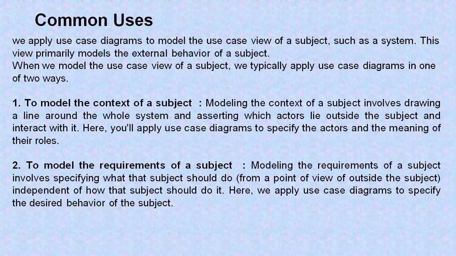Here, we apply the use case diagrams to specify the desired behavior of the subject. In this manner, a use case diagram lets us view the whole subject as a black box. We can see what is outside the subject, and we can also see how the subject reacts to these things outside. But we cannot see how the subject works on the inside.